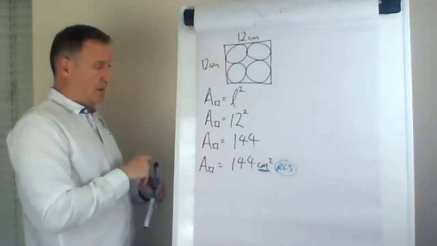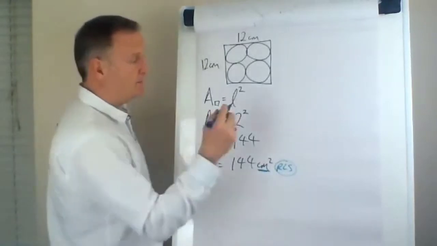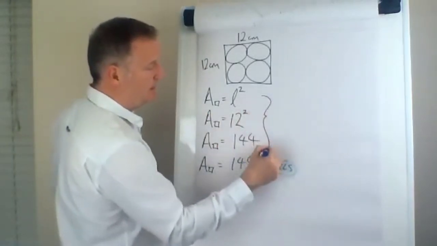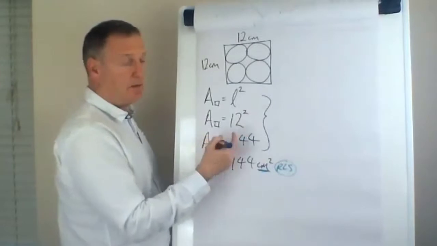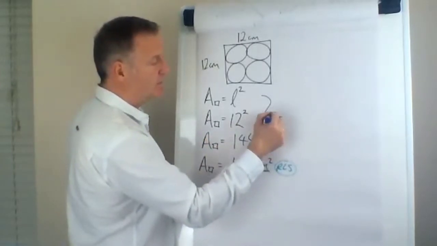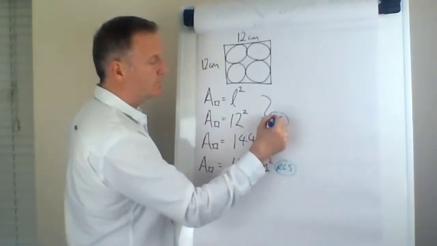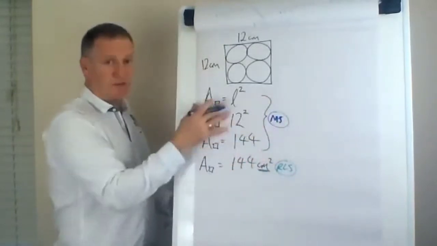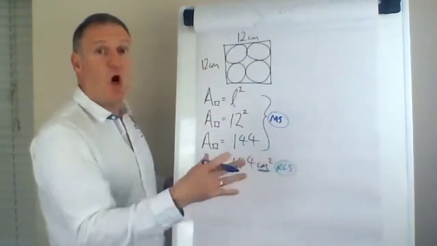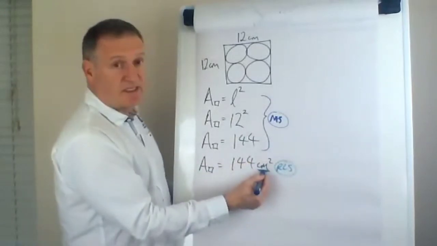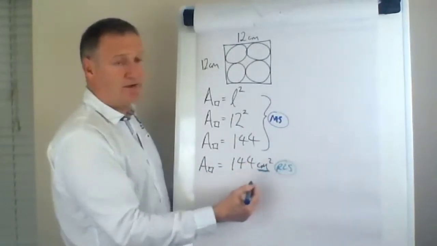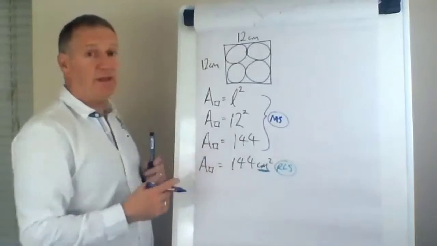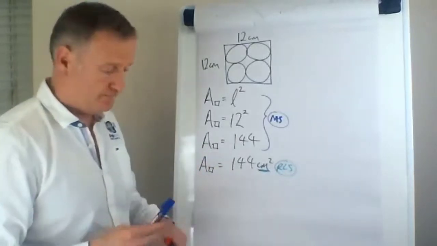But hang on a sec. This bit here is just a math statement. So the bit on the end with the context, centimetre squared, that's the real life statement. So it works out the area of the square.